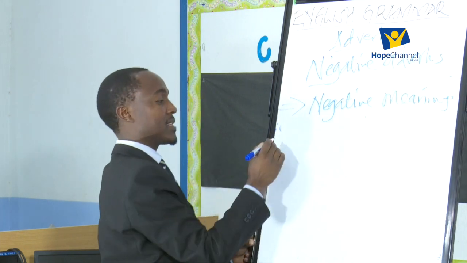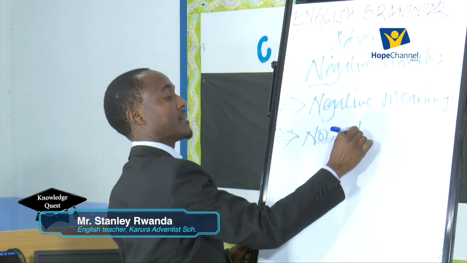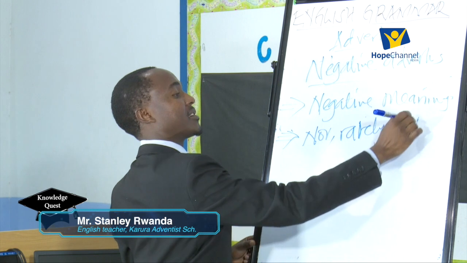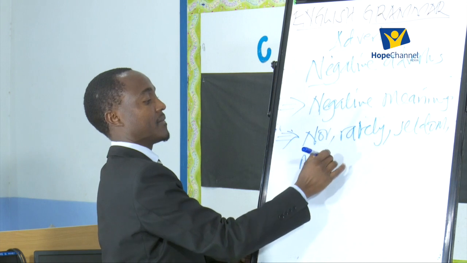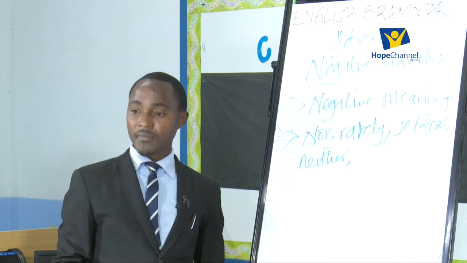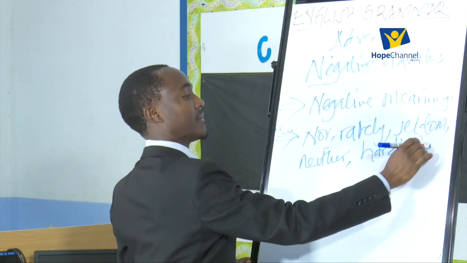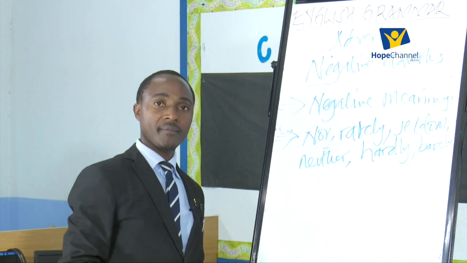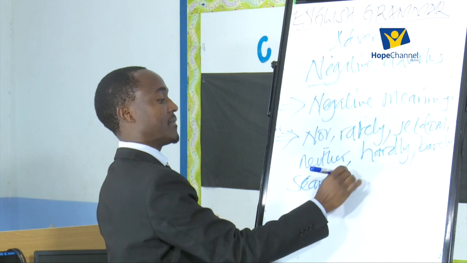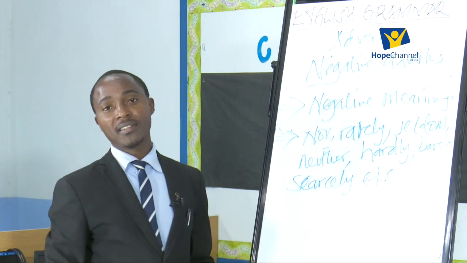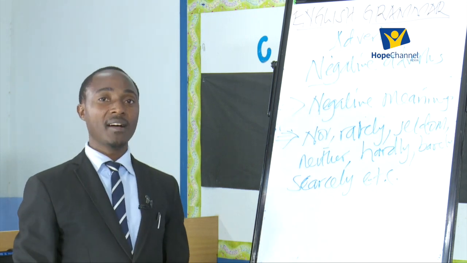And they include words such as nor, rarely, seldom, neither, we have hardly, barely, we have scarcely, etc. So all these words denote or connote a negative meaning. So that's why we call them negative adverbs.